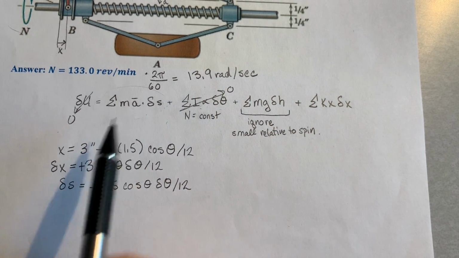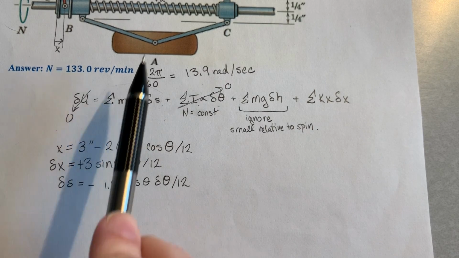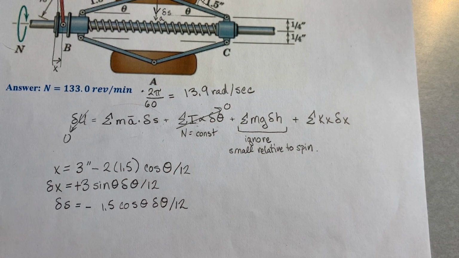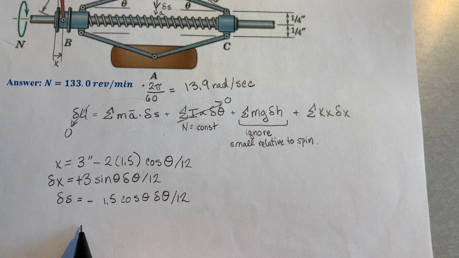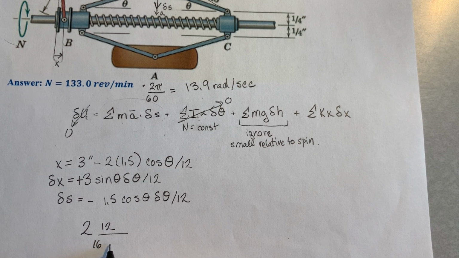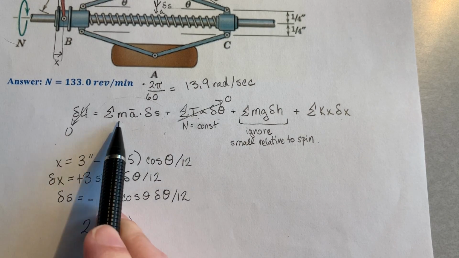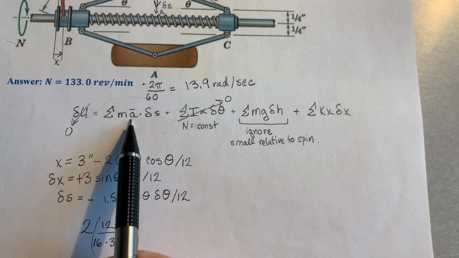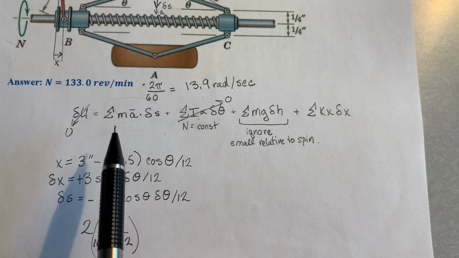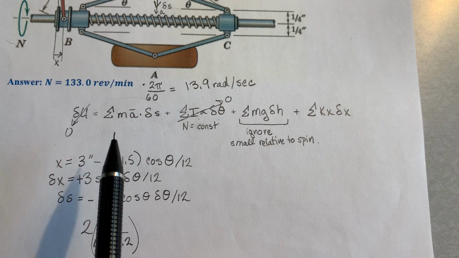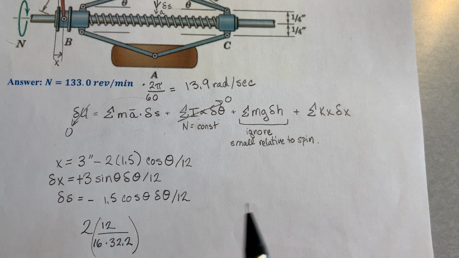We're going to have 2 of these terms because there are 2 masses, so don't forget that. One of the many other ways we can mess this up. So we have 2, and then the mass is 12 ounces, so the weight is 12 over 16, over 32.2, because we want it in slugs. That's our mass term. The acceleration is going to be our angular velocity squared times the radius.